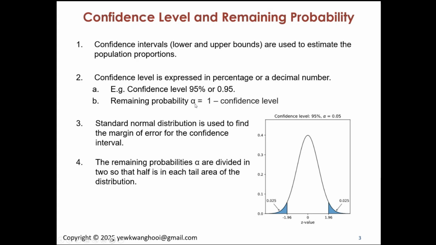Sometimes we call it significance. You see a lot of times in most of the formulas used in statistics, they will use alpha to indicate significance. So what is significance? It's 1 minus confidence level. The other name of significance is remaining probability.